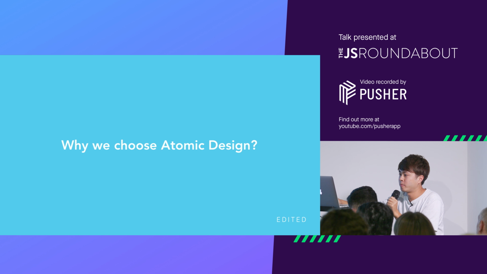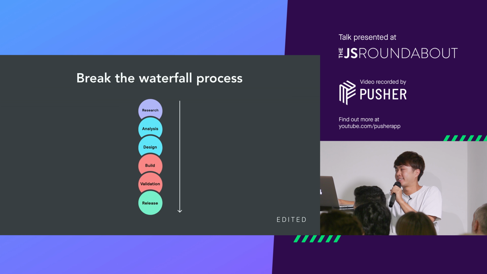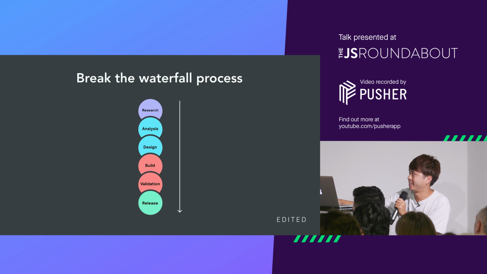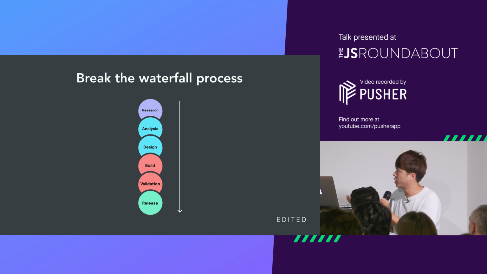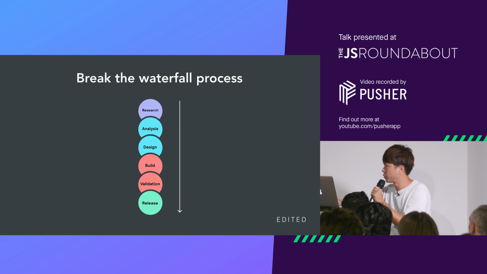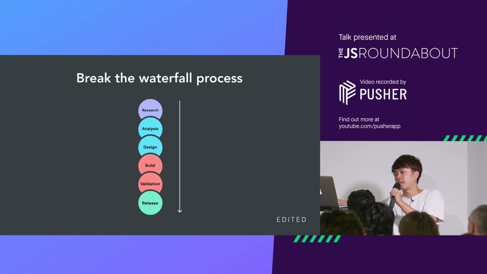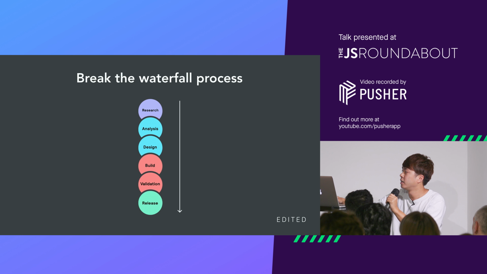So first of all, why do we choose atomic design? Well, there are multiple reasons. One of the reasons is we would like to break the waterfall process. What it means is the traditional product cycle is we first have a product owner do the research, then they do analysis, and then the designer does the UI design, thinks about the UX, and does a prototype, and then the engineer builds it, and then does validation, testing, and releases it.